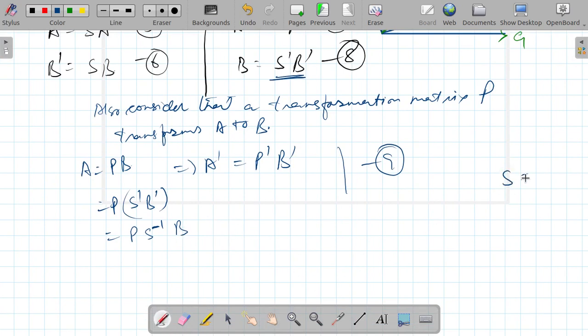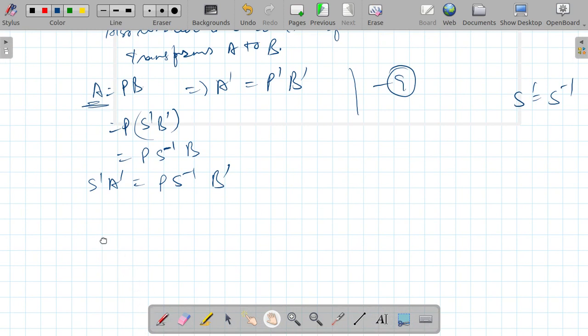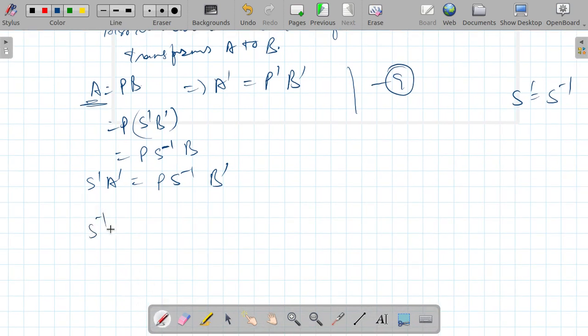I have used the property that S prime is equal to S inverse, so it is P S inverse B. Also, this A can be written as S prime A prime is equal to P S inverse B prime, and this S prime is also S inverse, so A prime is equal to P S inverse B, and if I operate both sides by S, then S inverse A is equal to S P S inverse B.